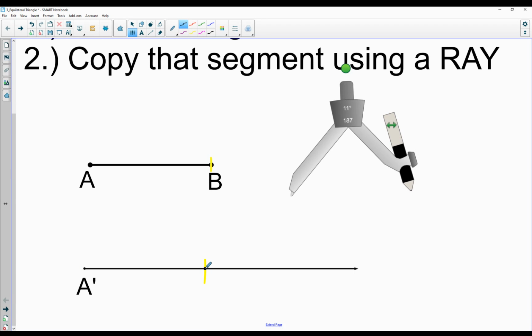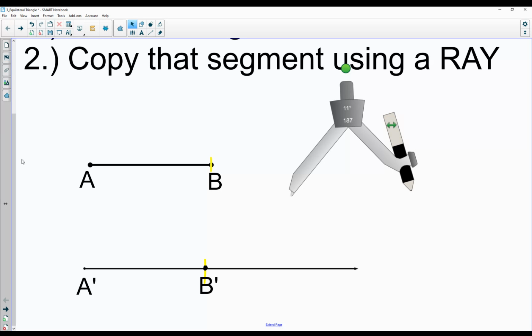You actually have to make that point. And I'm going to make it a little bit big. Here we go. And now we label this as B prime because it is the copy of B. Put this down here, and we have B prime. And that is how you copy segment AB that we created.